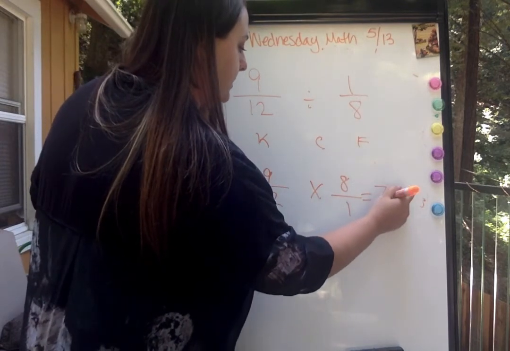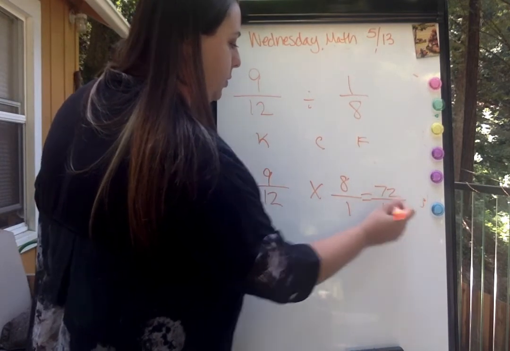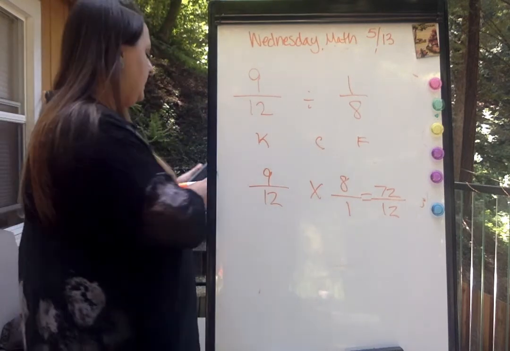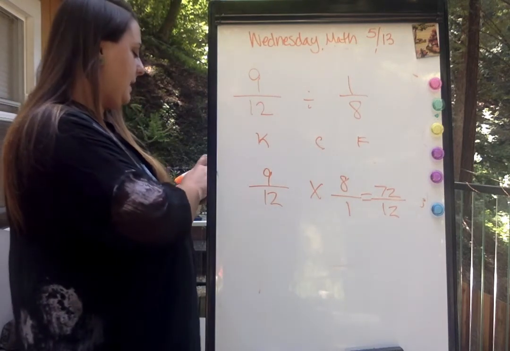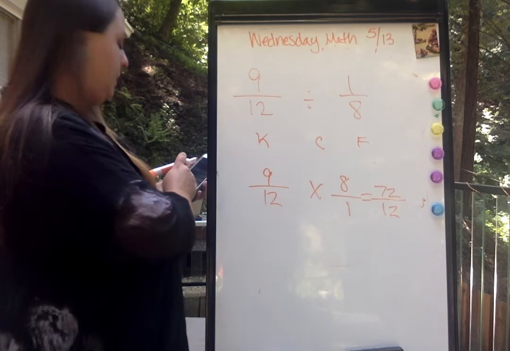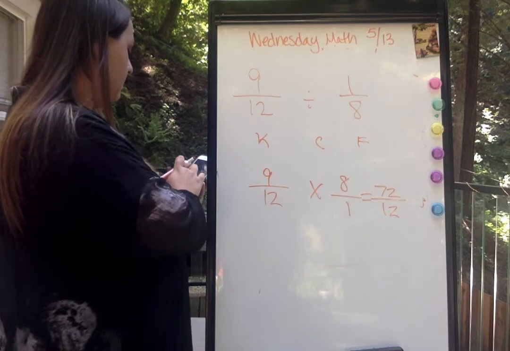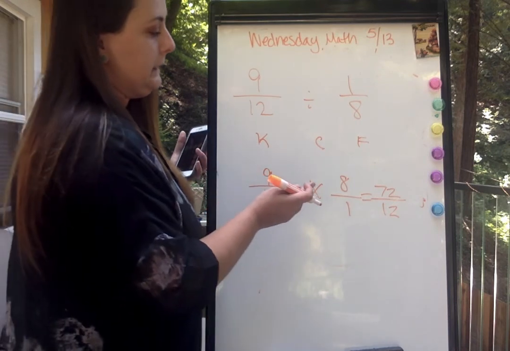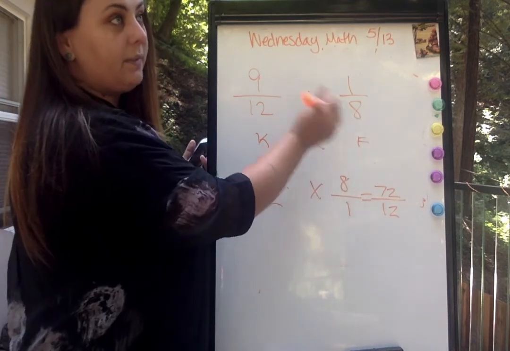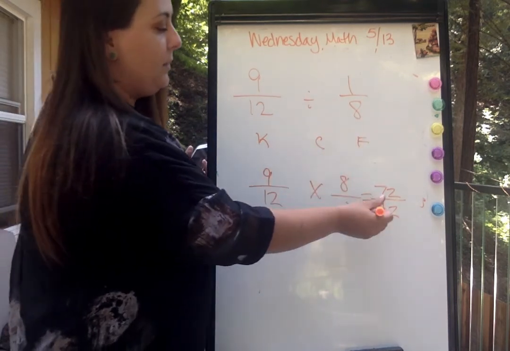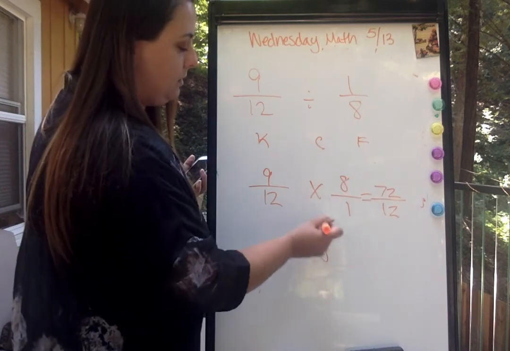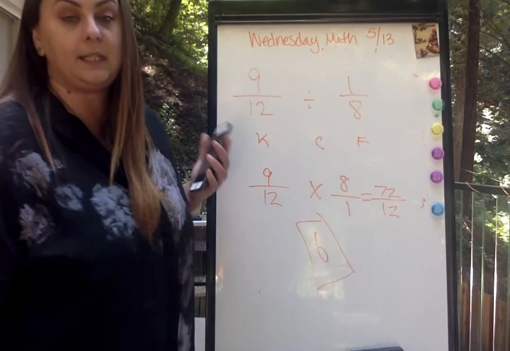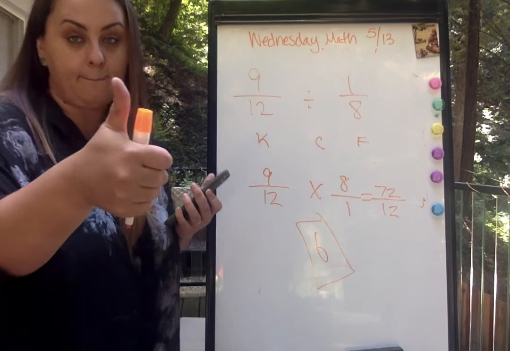So you've got 72 over 12. Now, how many times does 12 go into 72? Do you know your math facts? You can figure it out. 12 times 5, 12 times 4, but 12 goes into 72 6 times. See you tomorrow.